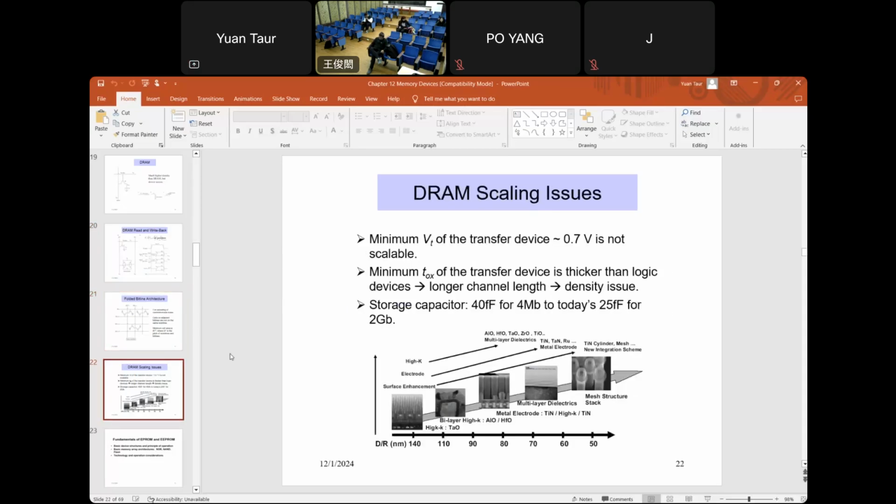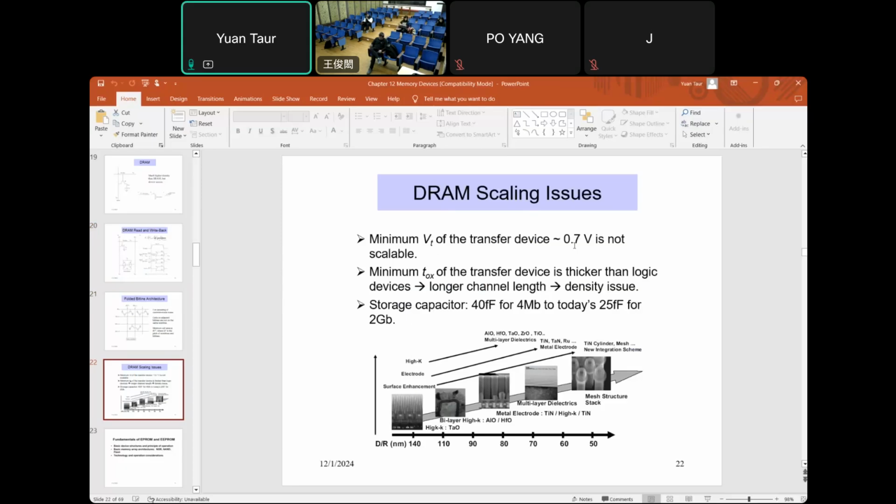Okay, so the last chart on dynamic RAM is that for the transfer device, the minimum VT is 0.7 volt, because if there's a charge stored on the capacitor, you want that charge to be there for a long time before you refresh. So regardless of the power supply voltage, the threshold voltage has to be something like 0.7 volt.